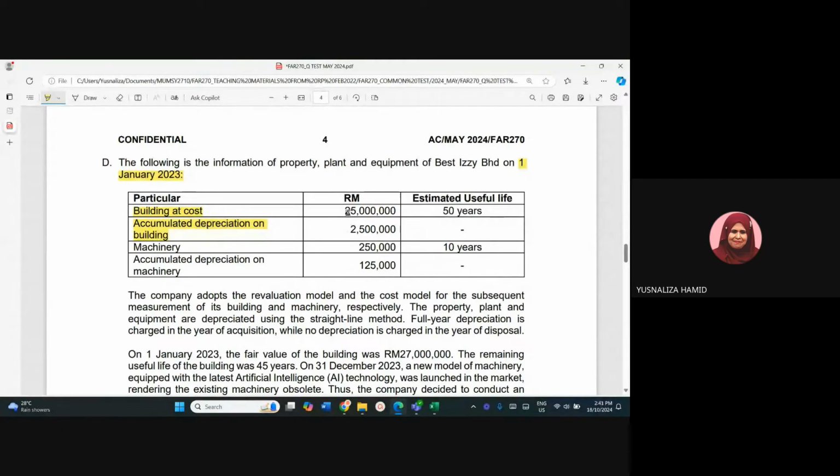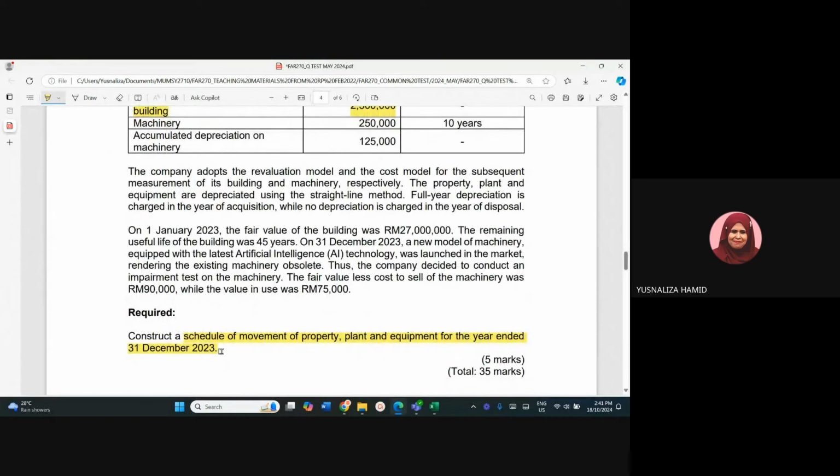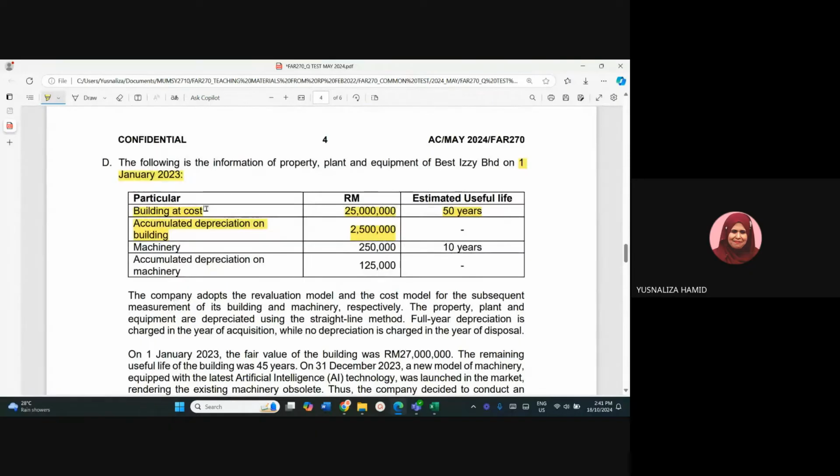These are all information as at 1st of January 2023, which is the beginning of the year that you are asked to prepare the schedule or the notes on PPE. The end of the year is 31st of December. So anything that happened between 1st of January 2023 and 31st of December 2023 must be shown in terms of the movement.